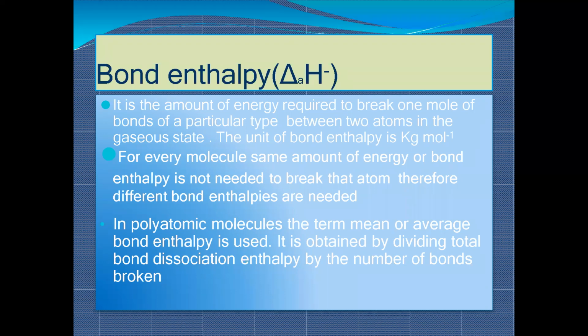So this is a polyatomic molecule. We require different bond enthalpies to break the bond of hydrogen and oxygen, and different enthalpy to break the bond between oxygen and sulfur. So we take the average of all the enthalpies and then calculate.